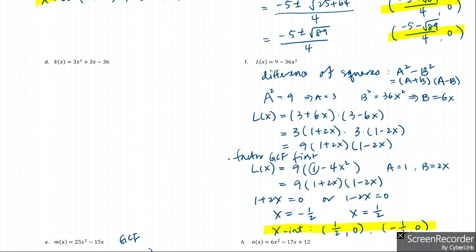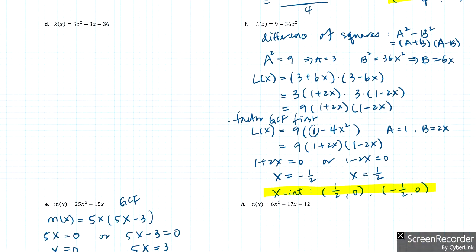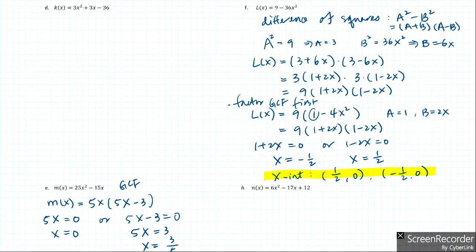Now moving on to part E. I think the lettering is slightly off. I would fix that later. But for k of x, if we want to factor that, we want to go ahead and check the GCF first again. So once we factor out the GCF, which is 3, we would get x squared plus x minus 12 as a result.